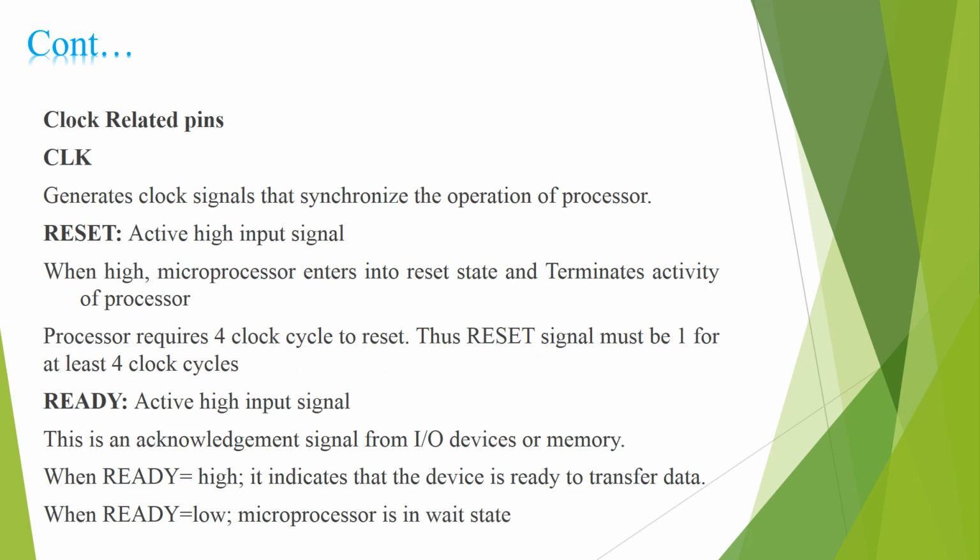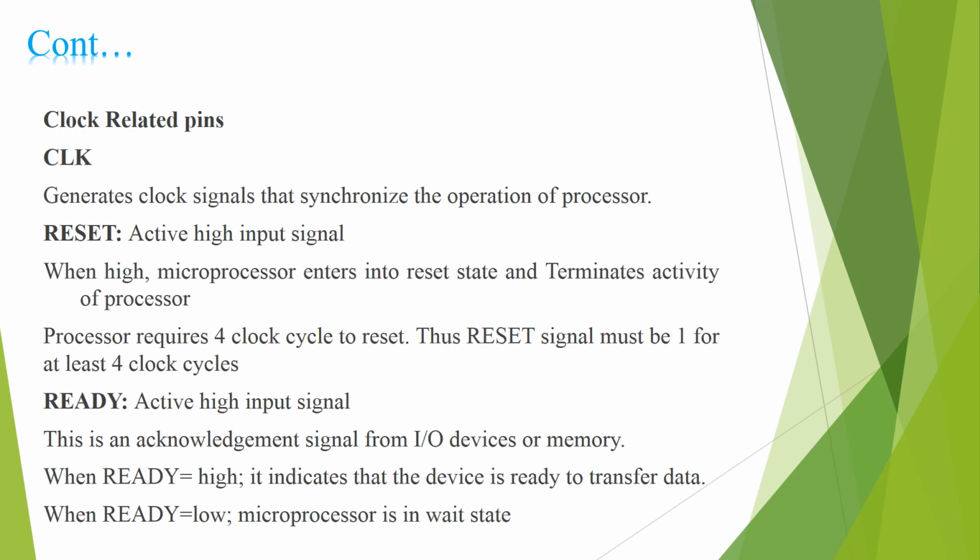After that, clock related signals: CLK. It provides the timing for the microprocessor. Then RESET. It is an active high input signal. When reset is high, the microprocessor resets its state and terminates the activity. After that, READY signal.